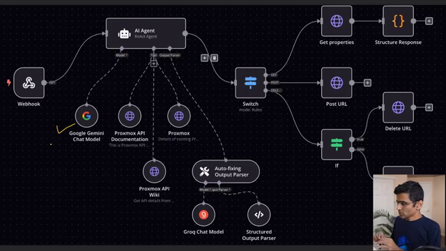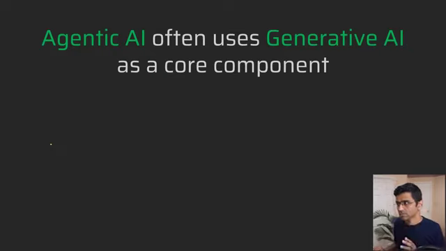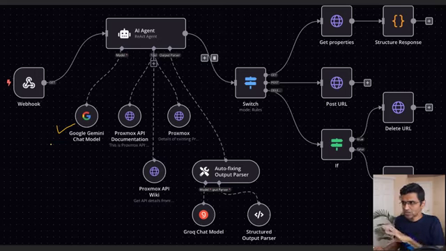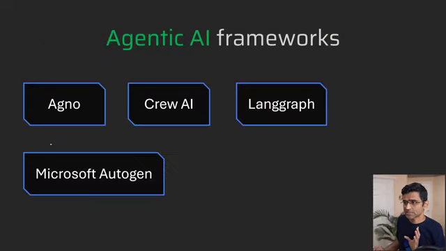If you look at any agentic AI system, it will have generative AI as a core component. So this entire system is an AI agent, and one of the components is your Gemini LLM model, which is generative AI. So generative AI is a component of agentic AI systems.